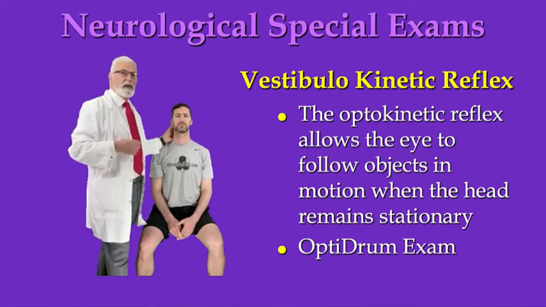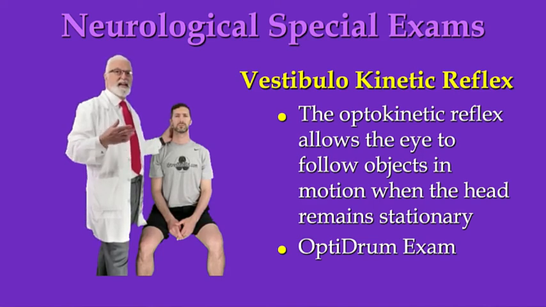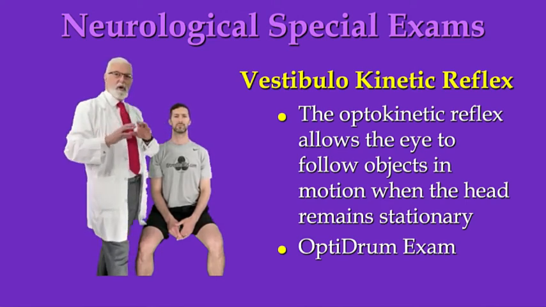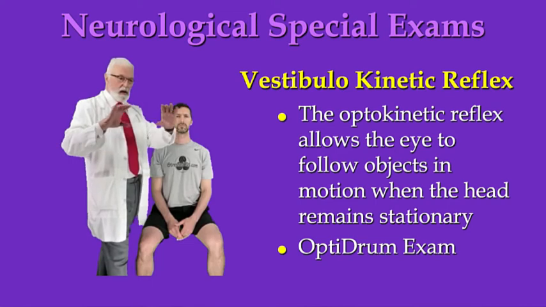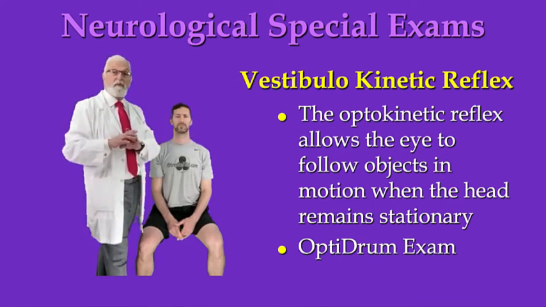The optokinetic reflex allows the eyes to follow an object in motion when the head is stationary. We like to use this Optodrum app. Some of you use the old bar piece of paper or a scarf that I've seen from a long time ago.